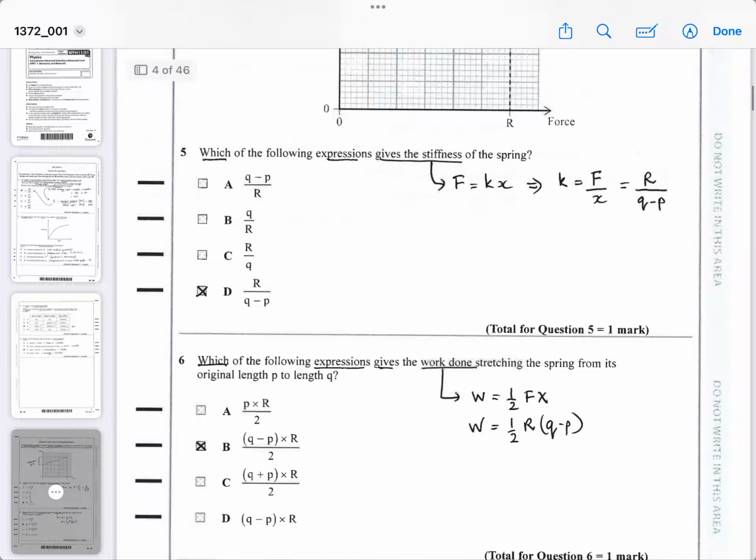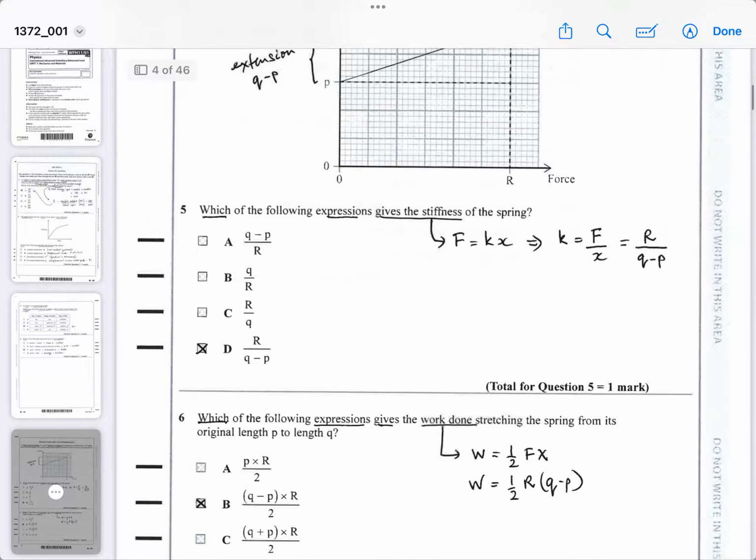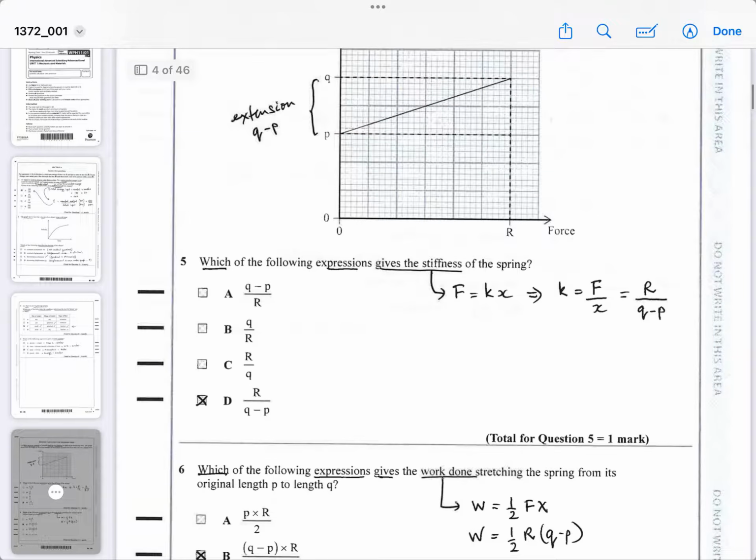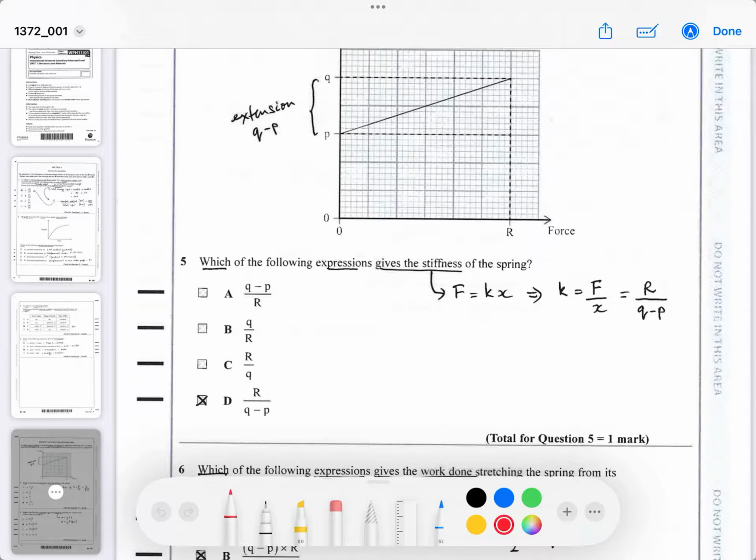Question 6 also applies to the graph. Which expression gives the work done in stretching the spring from its original length P to length Q? Well, that's the area under the graph, which will be half Fx, which will be the area from P to Q. So if I shade it in for you, it will be the area of this triangle.